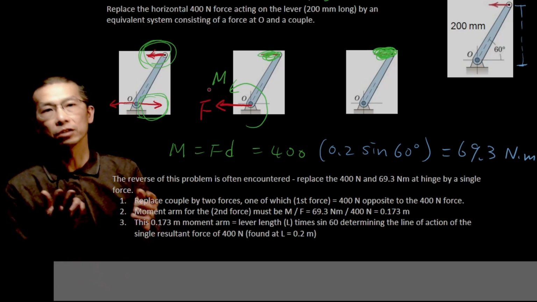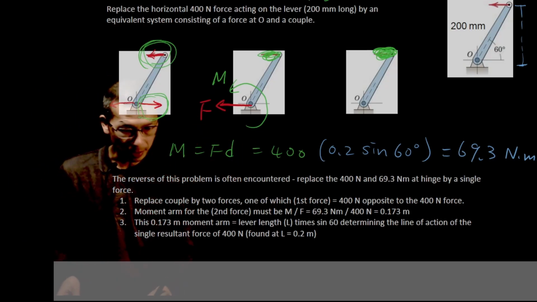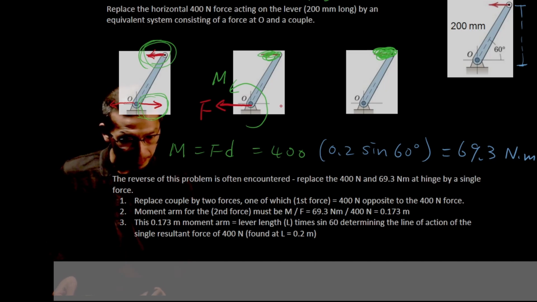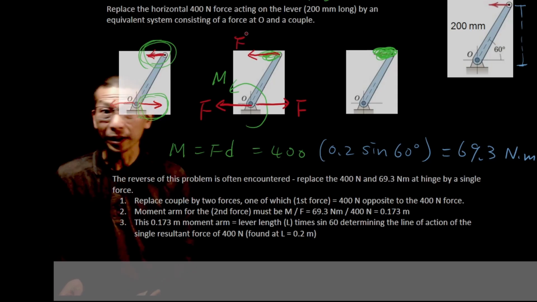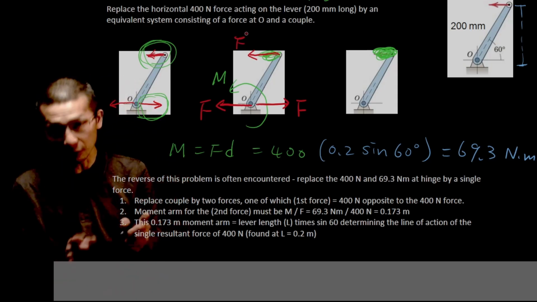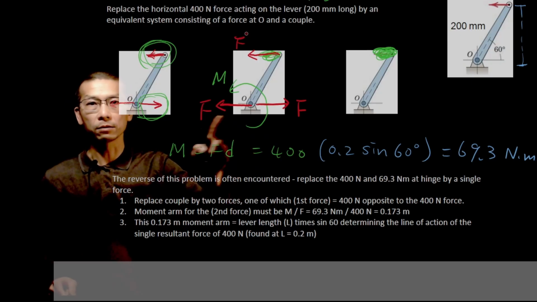Or the reverse, you convert this moment back using equal and opposite F. And of course, for that, with the moment, we also need another F up here, which we don't know yet, but we can calculate and make those two equal so they cancel out, right?